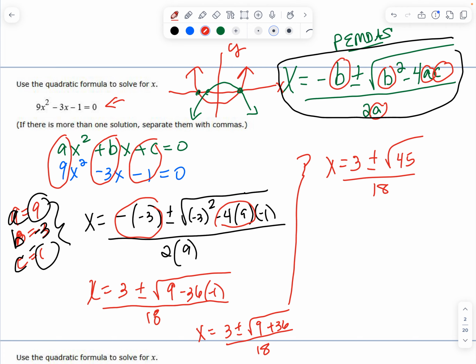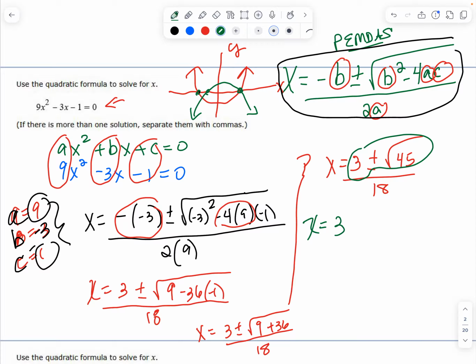Okay, so the ALEKS program will allow this answer. It's not simplified, but it will allow it. So what you're going to do is type into the box x equals, first you got negative 3, excuse me, not negative 3, positive 3. Let's make that positive.